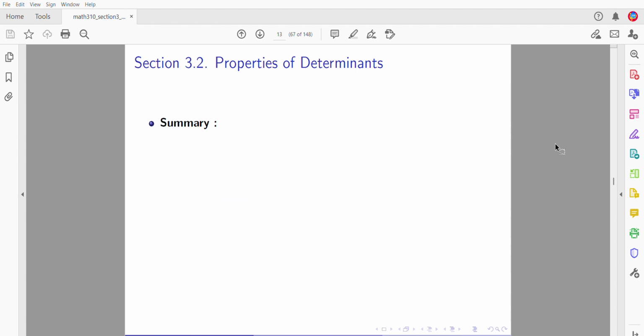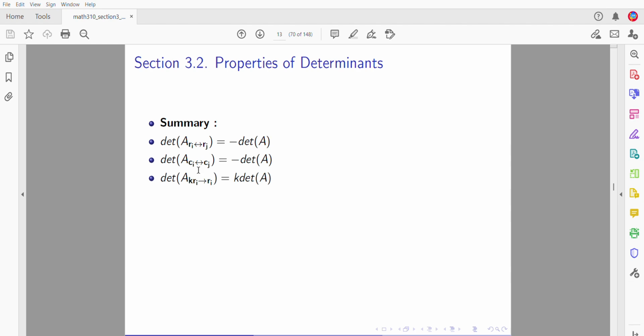So here is a good summary. When you interchange rows, determinant changes sign. That's the type 1 row operation. That's the type 1 column operation, interchanging of rows, columns. Determinant changes sign.